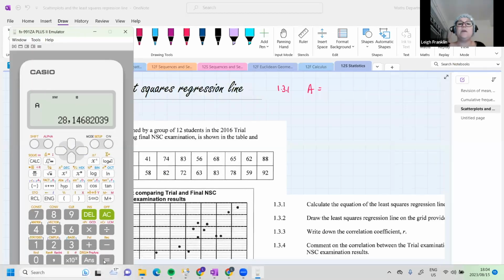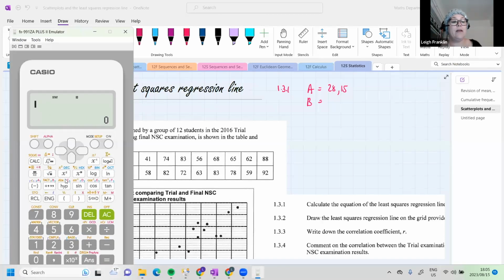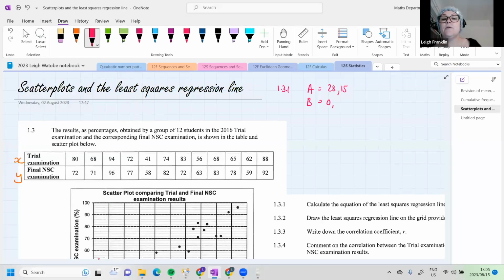Okay, so that gives me an A value of 28,15. Okay, my B value, I'm going to go AC, Shift, 1, 5, 2 equals, that gives me 0.66.